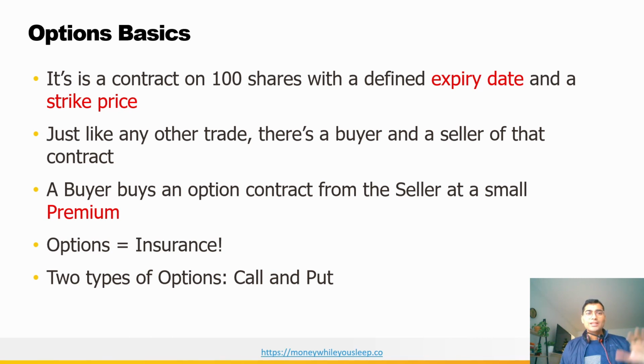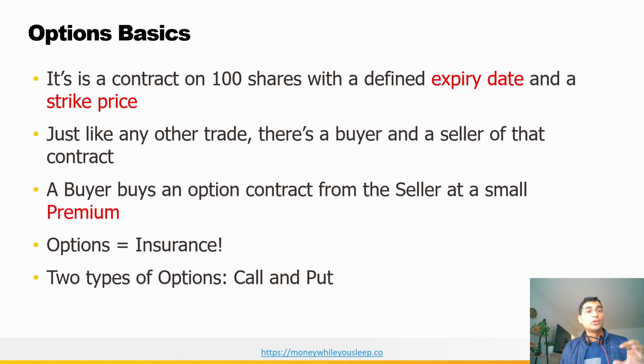Just like any other trade in any other asset class, there is a buyer and a seller of this particular contract, and that's how any asset class will have its own marketplace and can be traded. Make sense? The next one is that the buyer buys an option and the seller is going to sell this option, right?